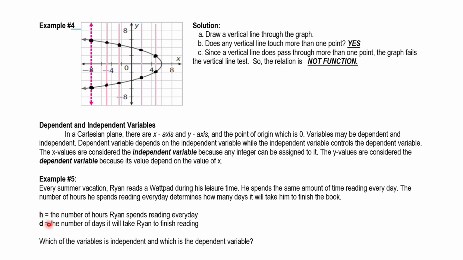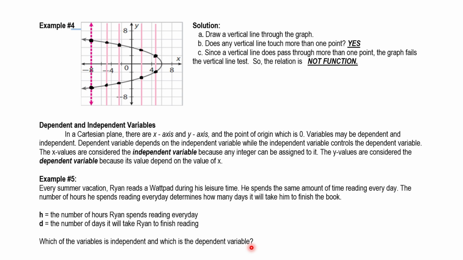Let H be the number of hours Ryan spends reading every day, and D be the number of days it will take Ryan to finish reading. The question: which of the variables is independent and which is the dependent variable?